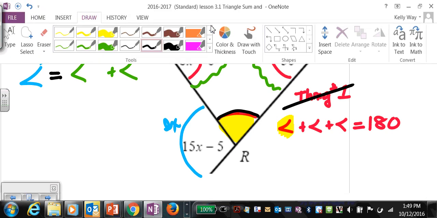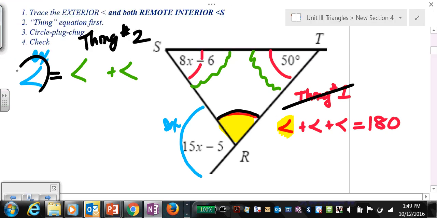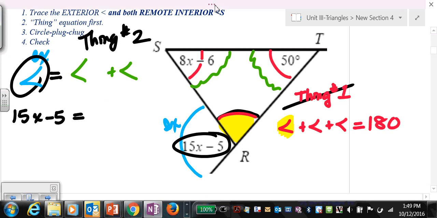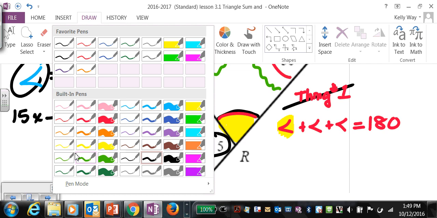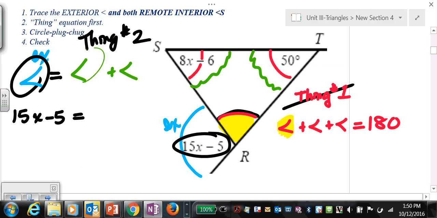Watch how we're setting this up. Circle, plug, chug. Okay, you're circling. It just kind of rhymes. Chug means do your work.